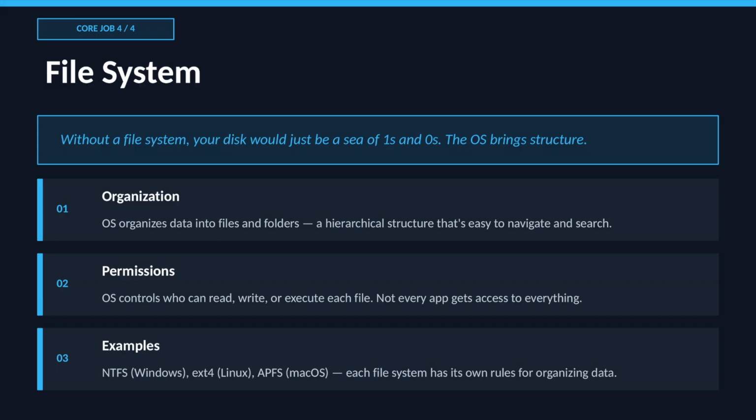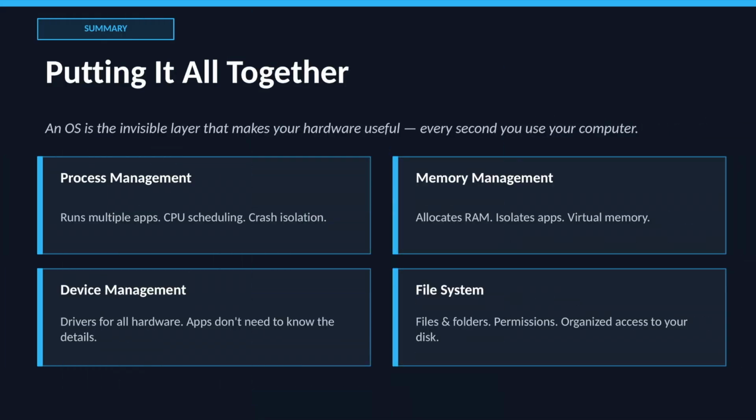Let's summarize everything that we have learned today. An operating system is the invisible layer that sits between your applications and hardware and lets your applications make use of the hardware. It manages processes so multiple apps can run at once.